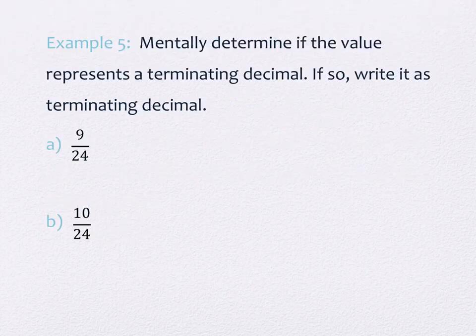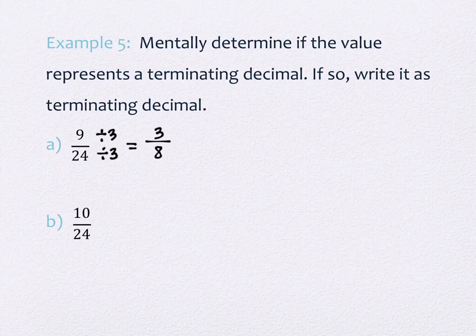So taking a look at 9 over 24, is it in simplest form? No. What will the numerator and denominator both divide by? 3. And this is a very good example of one that if I didn't put it into simplest form, the fraction 9 over 24, that is a denominator of 24, would look like it doesn't terminate. So this gives me 3 over what? 8. Okay?